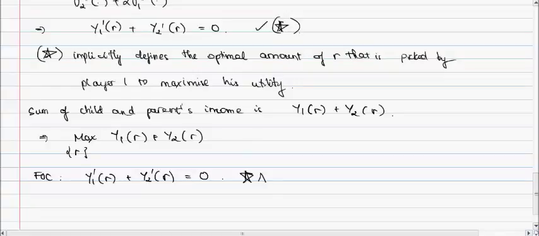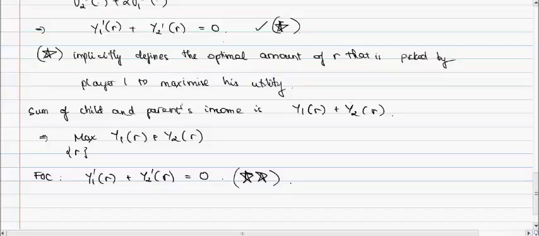So I'll say this is the double star. It basically means the optimal amount of r that the child was picking over here to maximize his utility turned out to be exactly the same amount of r that he is going to pick if he is maximizing the income of himself and the income of the parent. Even though he doesn't have an intention to maximize the income for the parent, he somehow ends up doing that, because the income of the parent is going to affect the amount that they are going to give to him, and he cares about that.